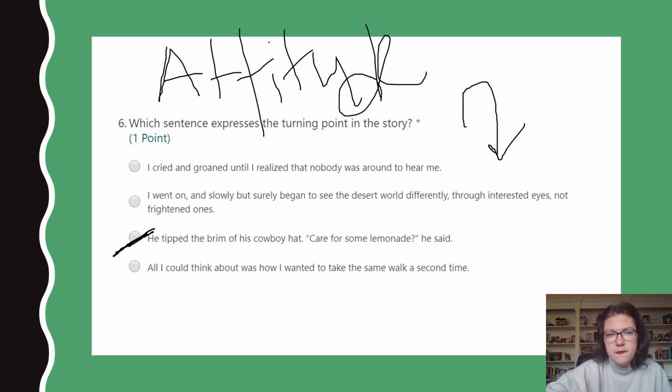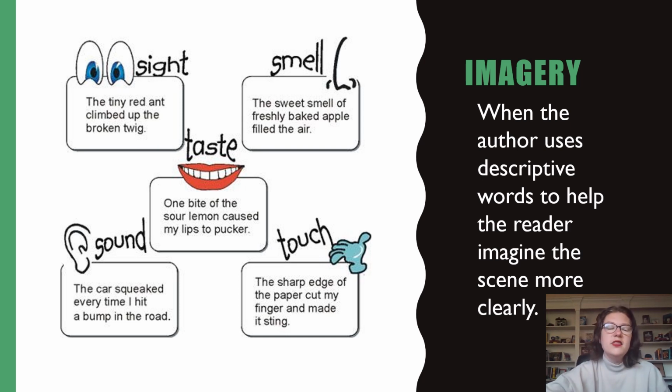All right, the next skill we're going to need is imagery. Remember, we've talked about this, but just a reminder, imagery is when the author uses descriptive words to help the reader imagine the scene more clearly. That might be sight, smell, taste, sound, or touch. The tiny red ant climbed up the broken twig. I can imagine what that tiny red ant looks like on that broken twig.